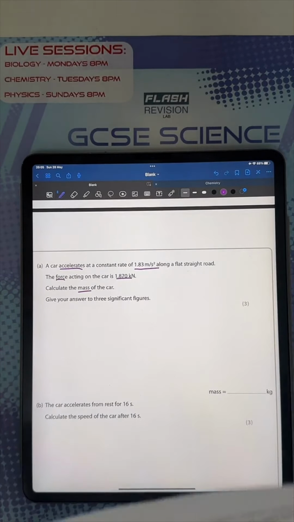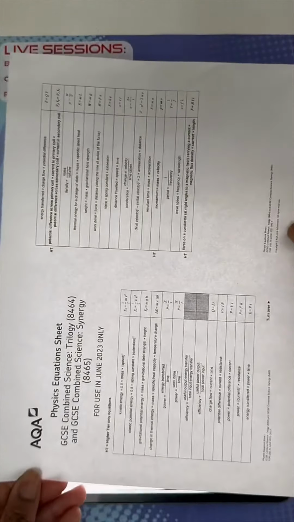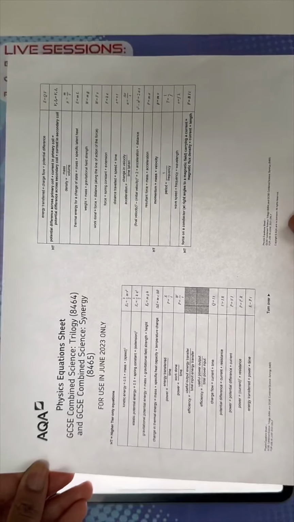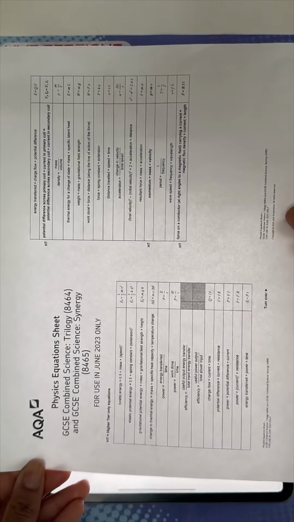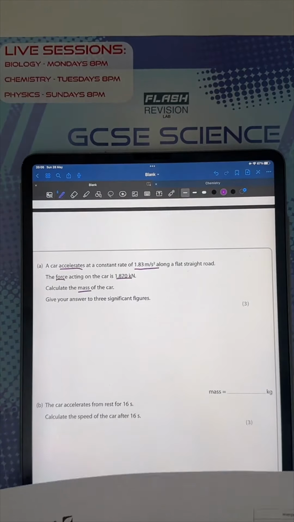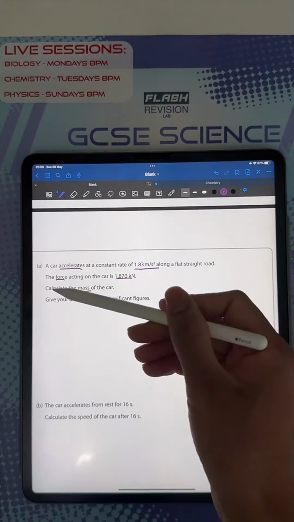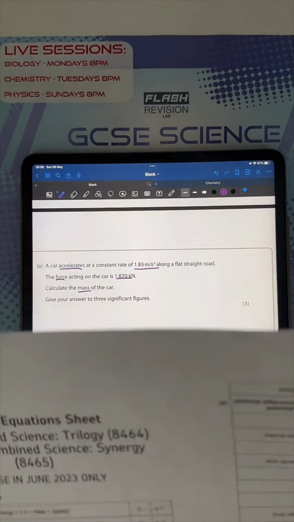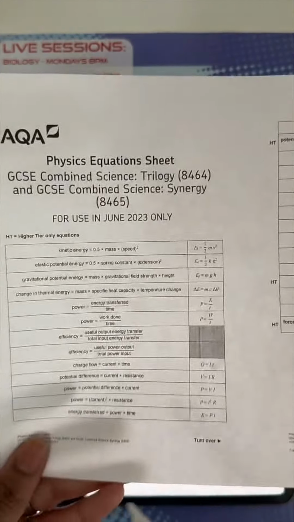Here you go, guys. Here's the equation sheet. Take a screenshot if you want. Okay, so yes, exactly. We got an equation with force, acceleration, and we're trying to find out mass. So that is going to be F equals ma.